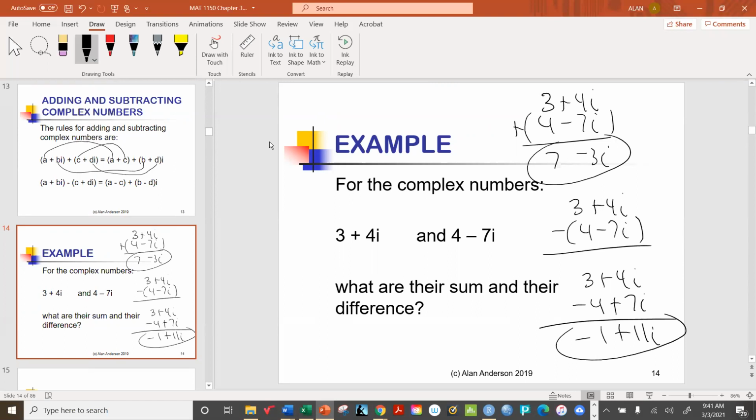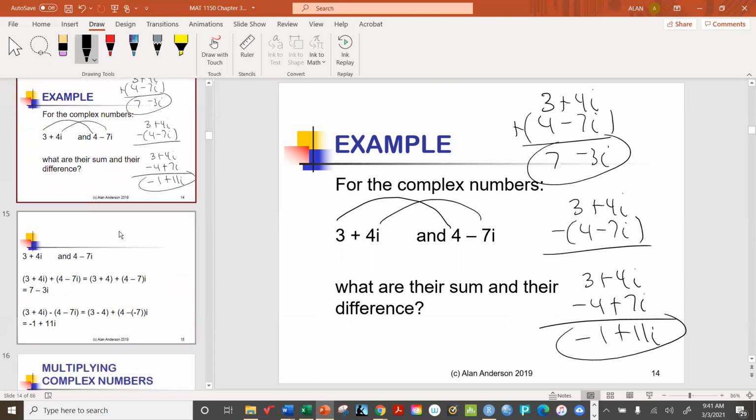Or you could just line them up and just add these and these, or subtract as the case may be. It's up to you, but either way, all we're doing is combining the like terms, the constants, which get added or subtracted, and then the coefficients of i.